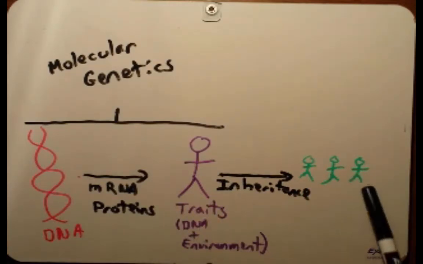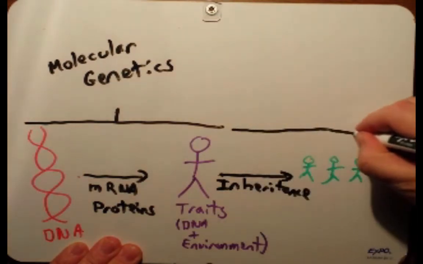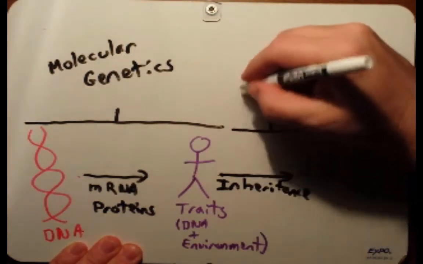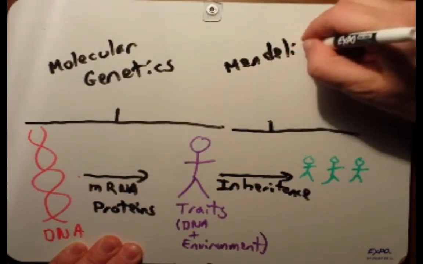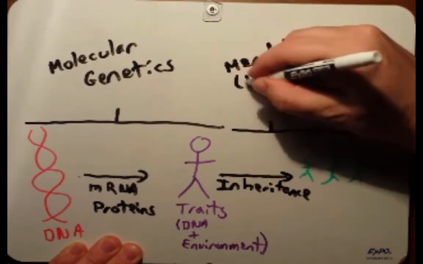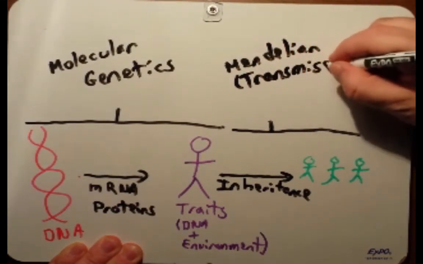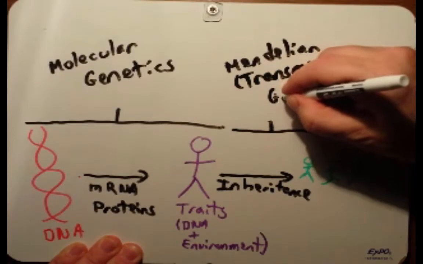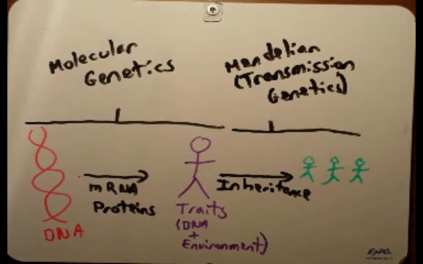How do we pass these traits on to the next generation? And we call this process Mendelian genetics, or sometimes we may call it transmission genetics. That is the rules that help govern how specific genes which encode traits are passed on to the next generation.